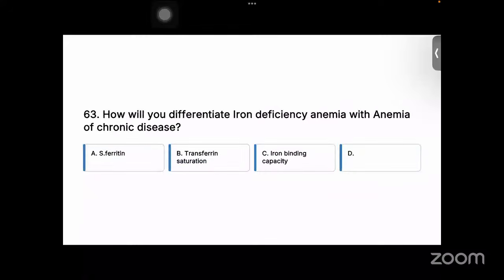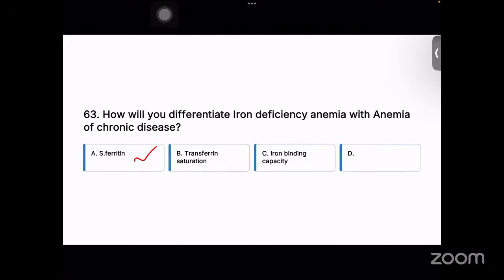Okay, how will you differentiate iron deficiency anemia versus anemia of chronic disease? Pretty straight question. Serum ferritin. Low serum ferritin is seen in iron deficiency anemia. Both iron deficiency anemia and anemia of chronic disease are a problem with the hemoglobin, and in the heme we have two things, iron and other proteins.